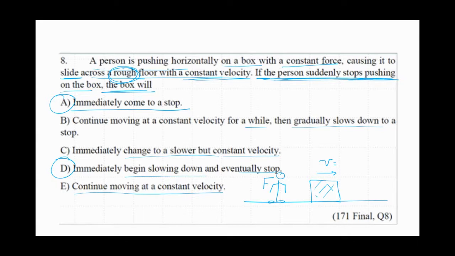While it's sliding, it's slowing down until it stops at the end. So when you have an object that is moving and then you leave it, this object slows down, and eventually at the end it stops. So this is the right answer.